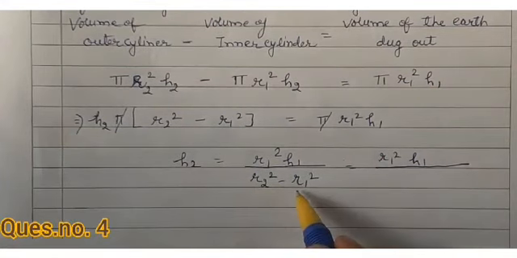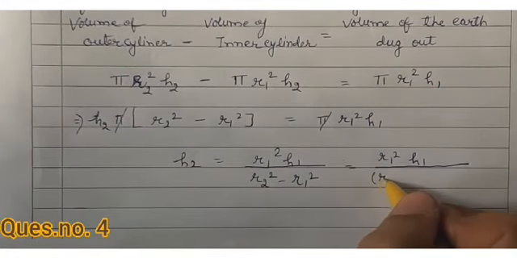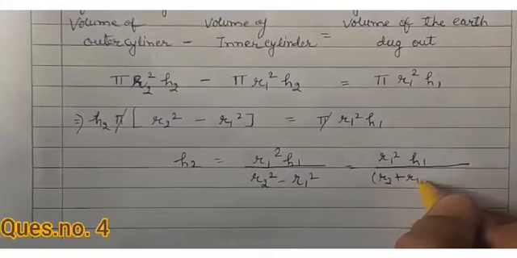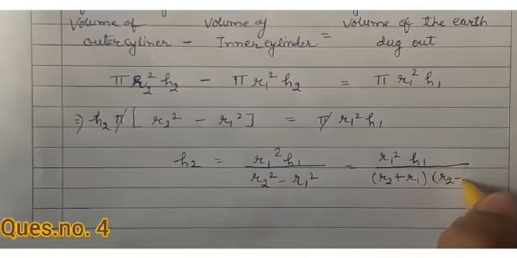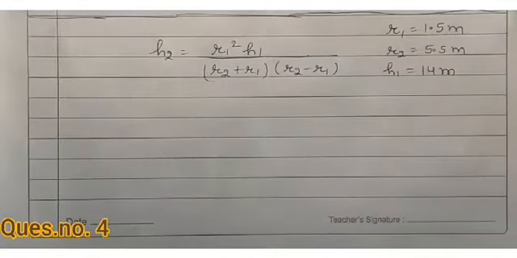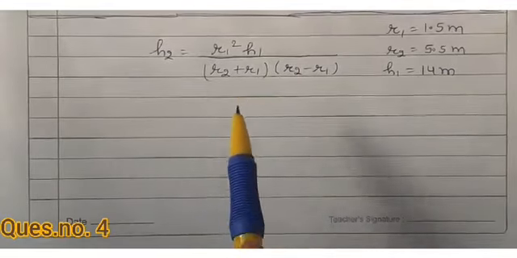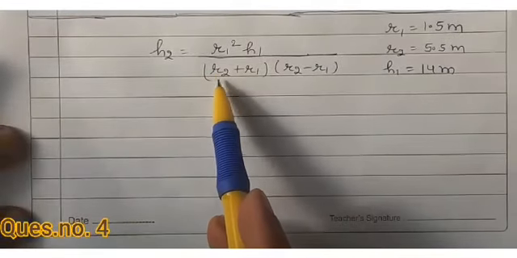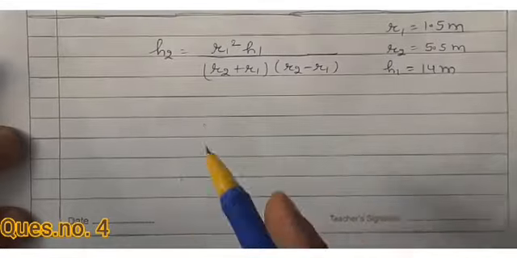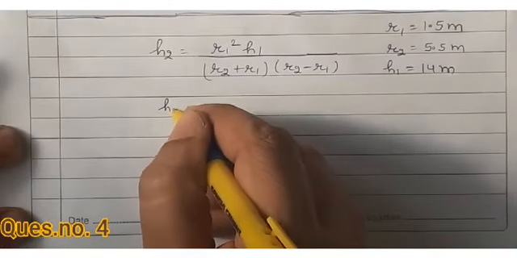This is just like a square minus b square, a plus b and a minus b. Now see, H2 is given to you as R1 square H1 upon R2 plus R1 and R2 minus R1.